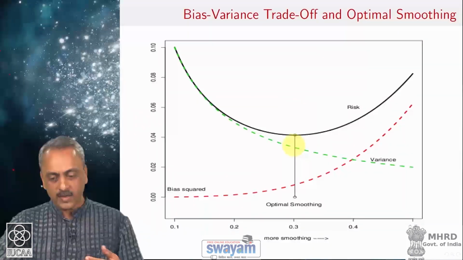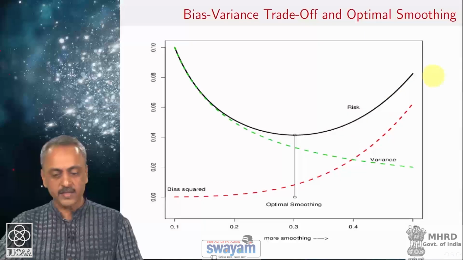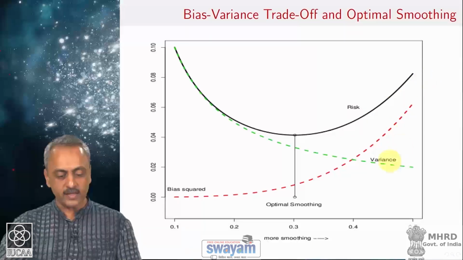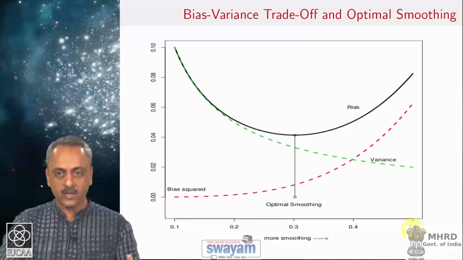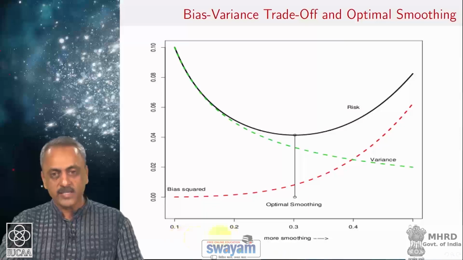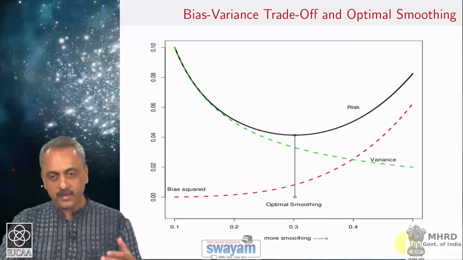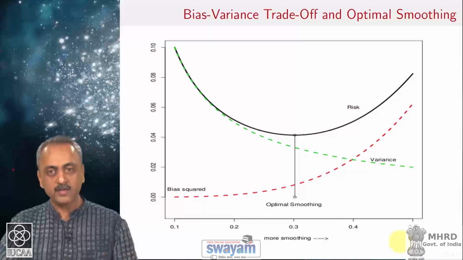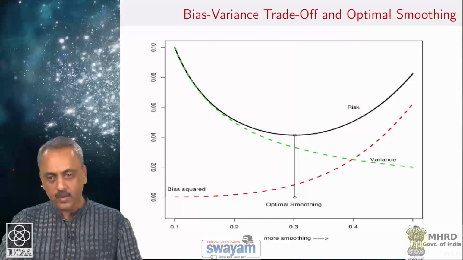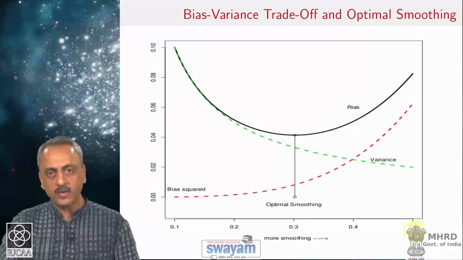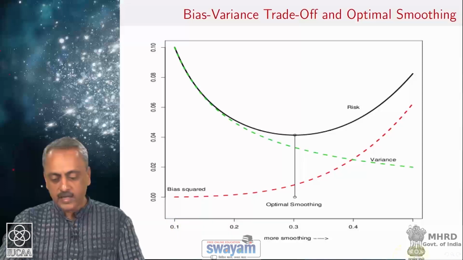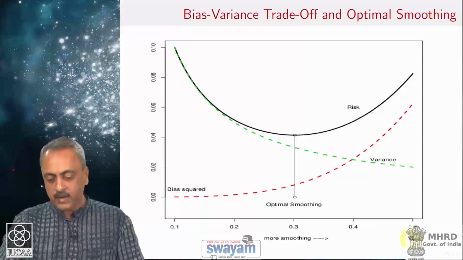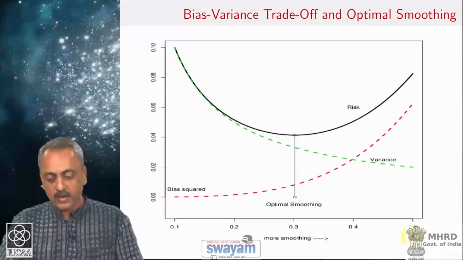To summarize this bias variance trade-off in a schematic fashion, there is some kind of a smoothing parameter. In the histogram example, it was the number of bins or the bin size. In the regression example, it was the number of parameters you use to characterize the regression function. So, the farther away on this axis is greater complexity or less smoothing.